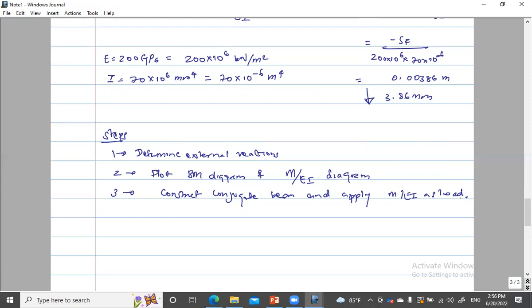So be familiarized with it. And there will be a quiz on Friday. You can do it online and upload, either on conjugate beam or on moment area method. Okay, so practice and then do the quiz.